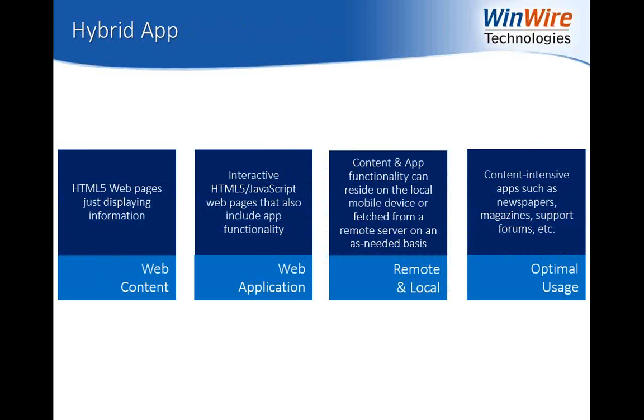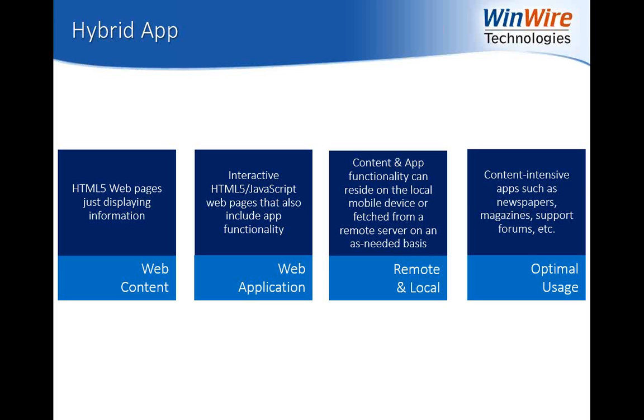That seems like a bunch of jargon, but what that actually means is that within that web view, we can either have web content, which is just HTML5 content that is displayed and rendered within the web view, or have a web application that also includes some functionality that would enable the web page to perform various functions.